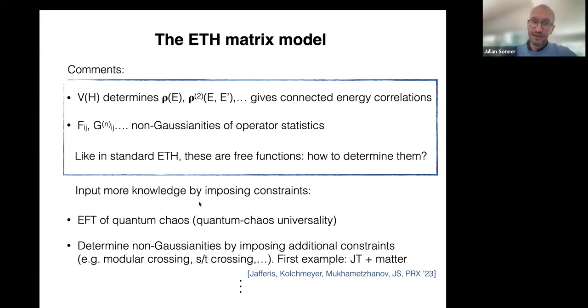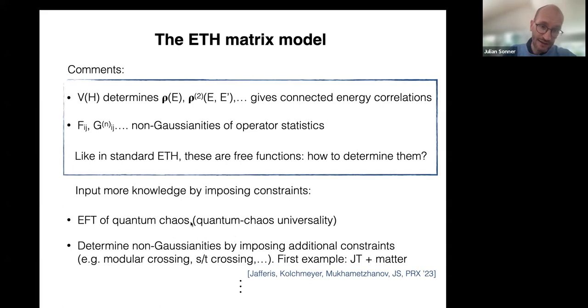So in particular, how do we determine them? Well, we need to actually input more knowledge. Even in information theoretic terms, you can think of it that way. I will explain that later. One source of such knowledge would be to go this route of the effective field theory of quantum chaos.